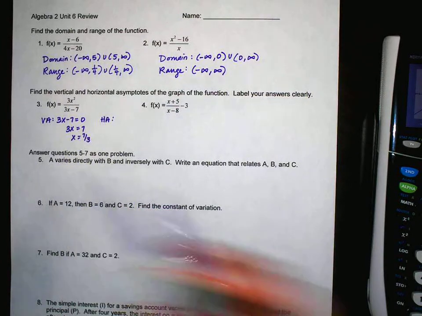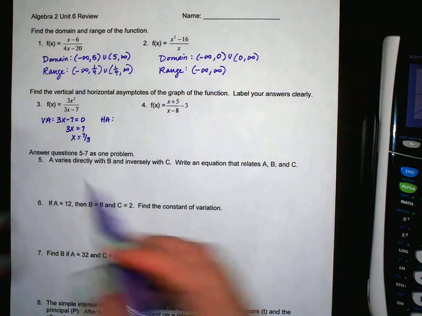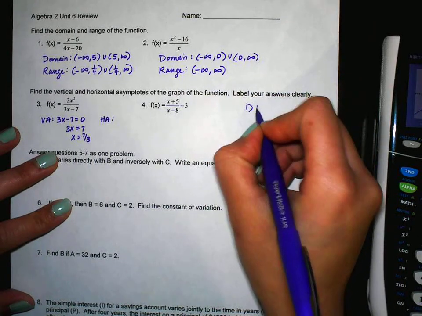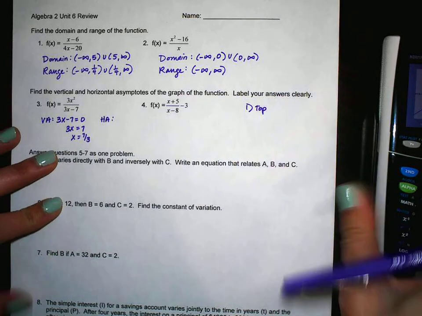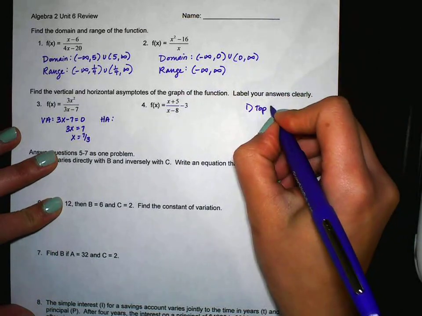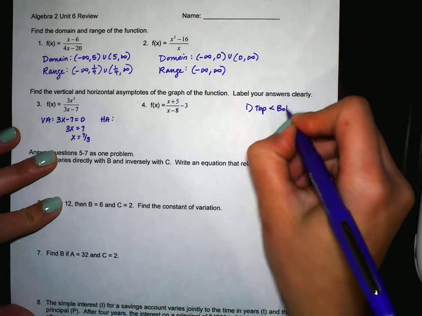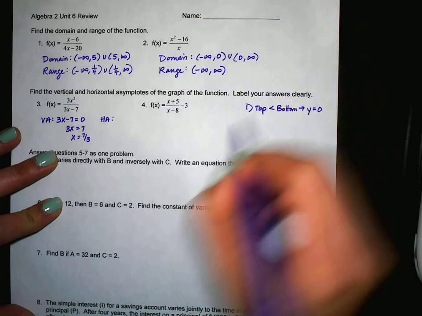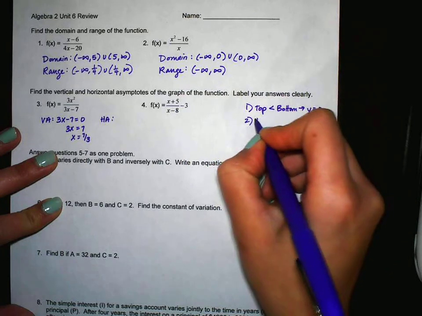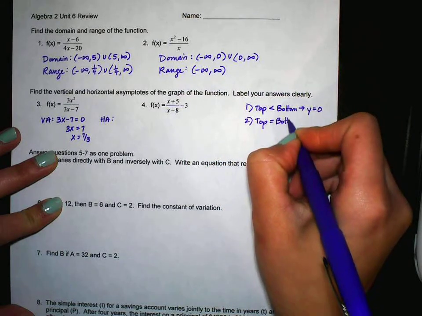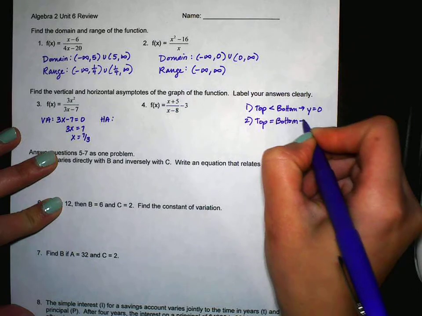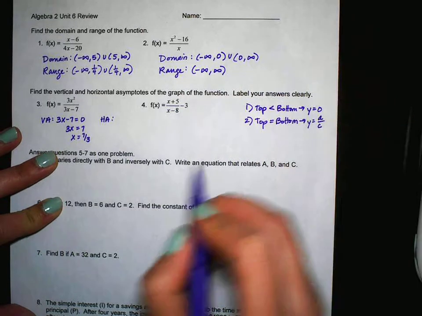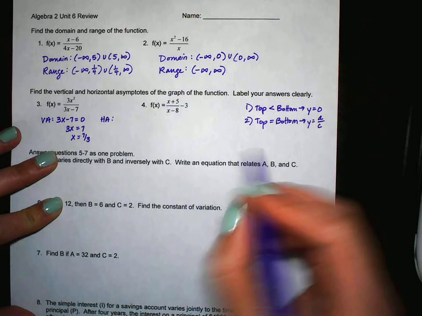So we have to remember those 3 rules about HA, and I'll put them over here. The first one, if the top exponent is less than the bottom, y equals 0 is my HA. The second case, if they're equal to each other, like in number 1, my HA is the ratio of the leading coefficients.